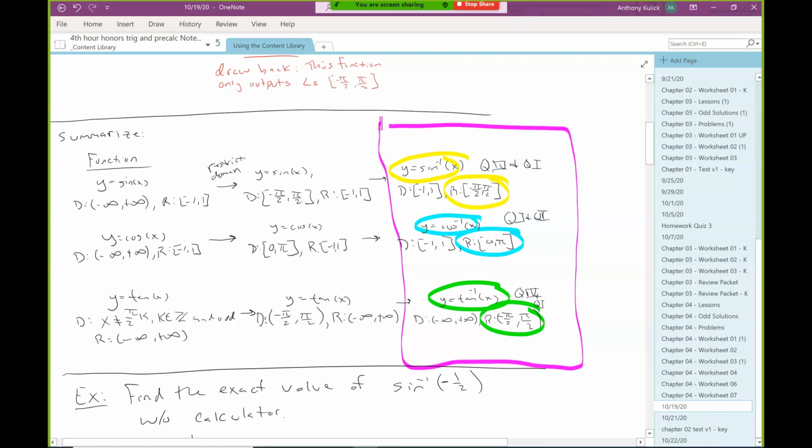Because of the way that we defined sine inverse, cosine inverse, and tangent inverse, they each have a specific range of outputs that they'll give you, which corresponds to quadrant 1 and 4, or 1 and 2, etc. So that's built into those inverse functions. And that's something you'd be well served to memorize, right? That's important information. You'd want to remember that.